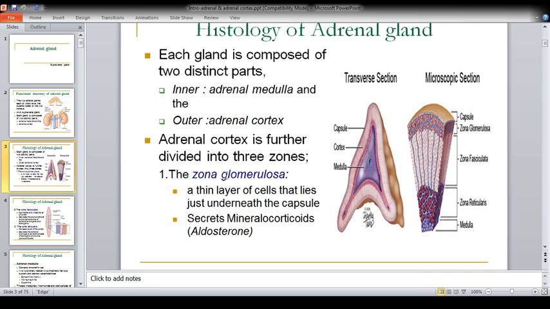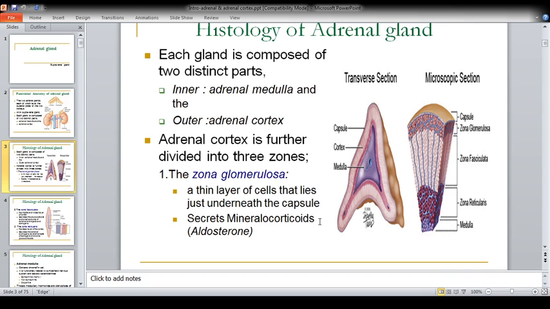So the first, zona glomerulosa, is composed of a thin layer of cells that lies just underneath the capsule, as we can see in this picture in the microscopic section. And this layer, zona glomerulosa, secretes mineralocorticoids.